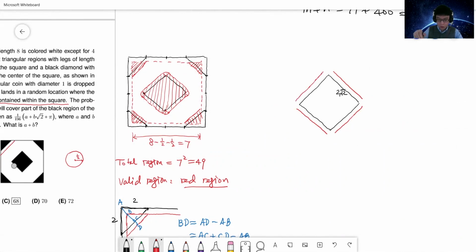So we can consider this region as having 3 types of region: the square part, these 4 rectangular parts, and the 4 sector parts. Let me call these the blue sectors. So this is the center red region.